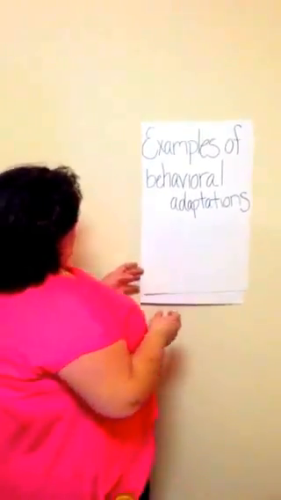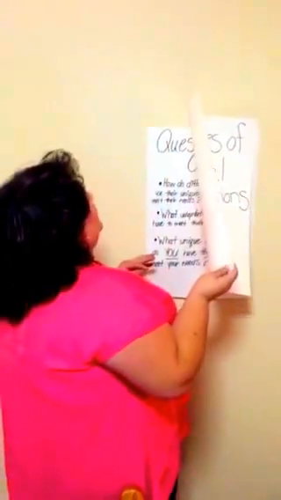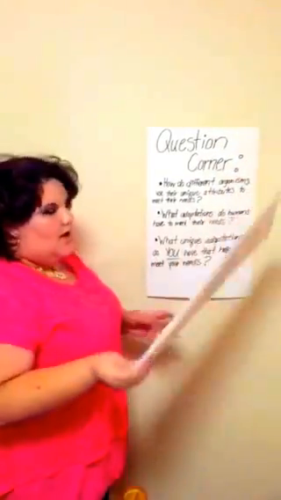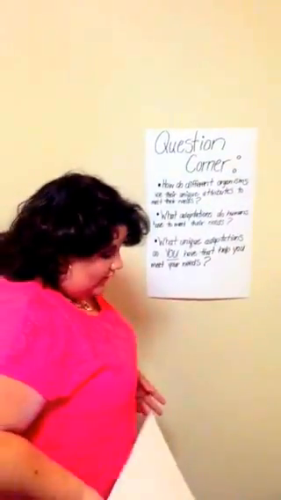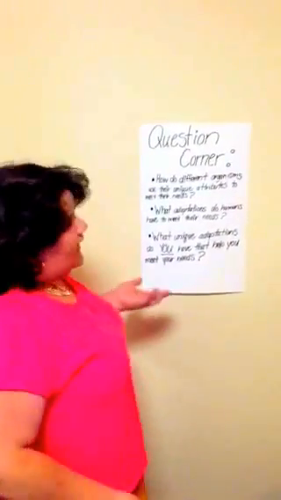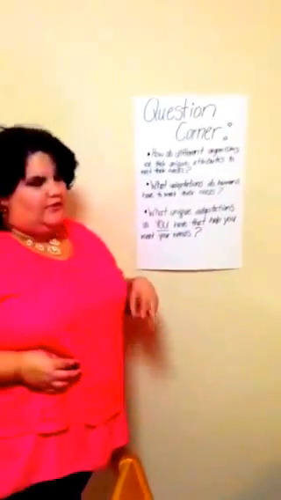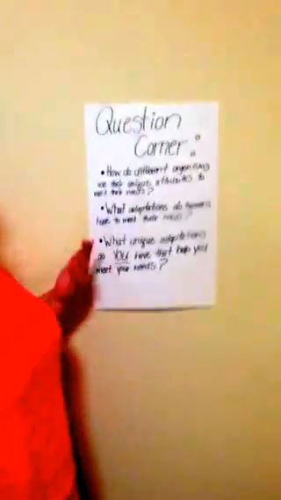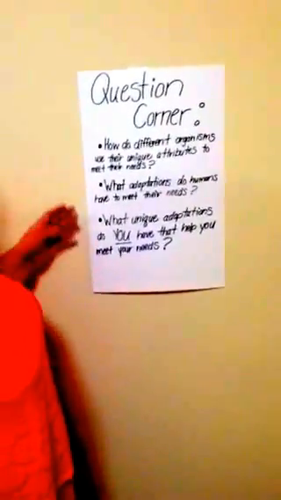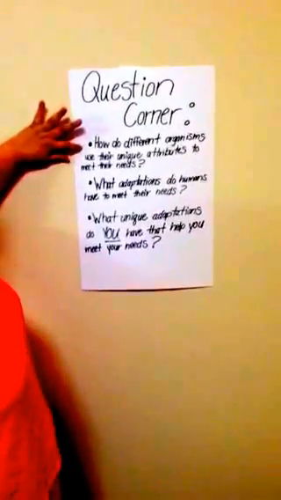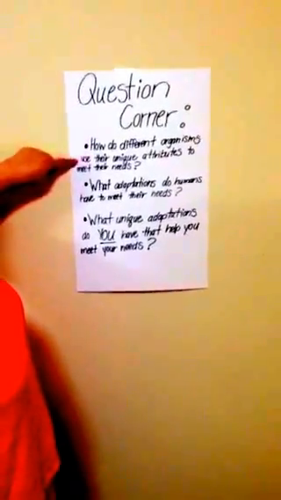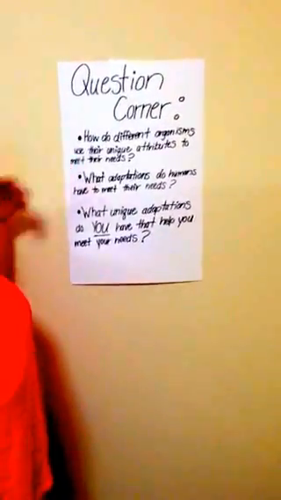And so now you guys have been kind of looking over your notes, and be sure to fill those out before tomorrow. And today in your question corner, we have 3 questions that you'll be covering in the end part of your notes. And so your first one is, how do different organisms use their unique attributes to meet their needs?